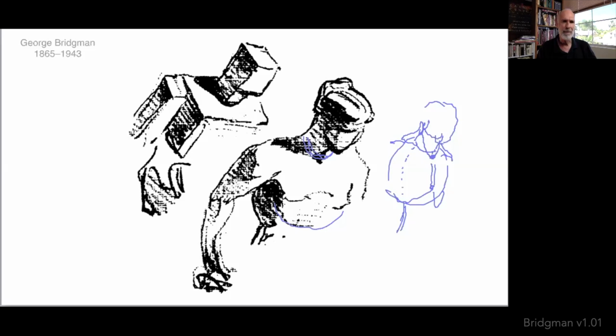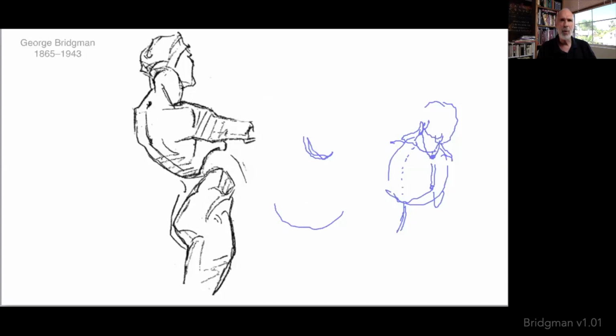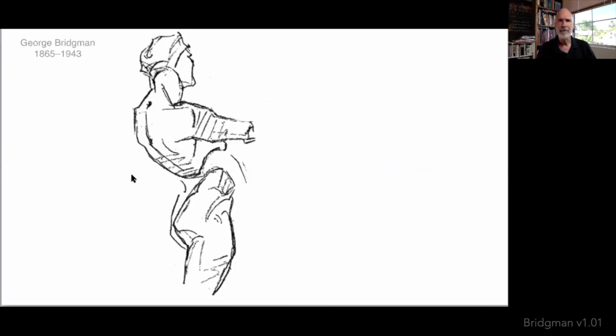Let's look at them. Bridgman is aware that the spine is going like this, and then, actually, it's not facing so much forward there because he's pulling his head back. But notice that it wanted to go forward before he pulled it back.